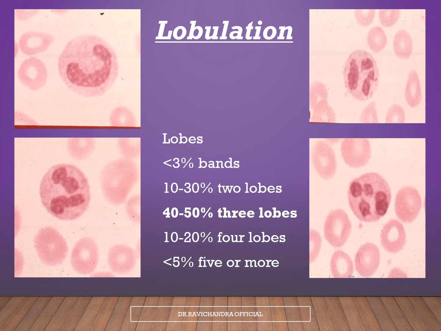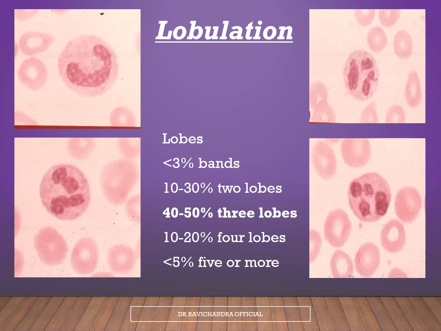Based on the lobulations, the nucleus will have lobules. They can be 3 to 5 or sometimes less than 3 also. So we will discuss the lobulations.